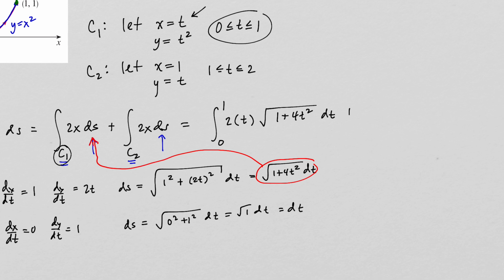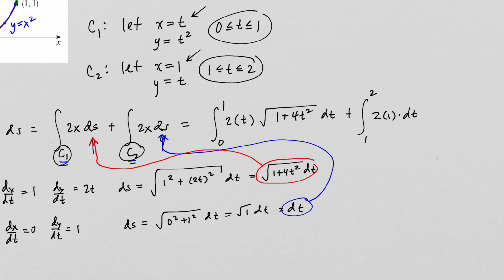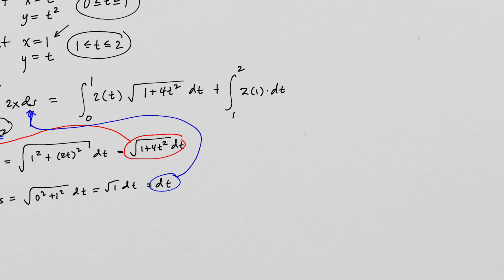And then we also need to add to it the integral along C2, which is going to be 2 times x. x is 1 along C2 multiplied by ds, which in this case is just dt. And this goes from t equals 1 to t equals 2 because those are the limits that we imposed. So now we just need to do both of these integrations.